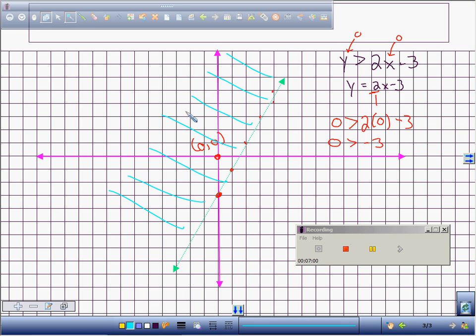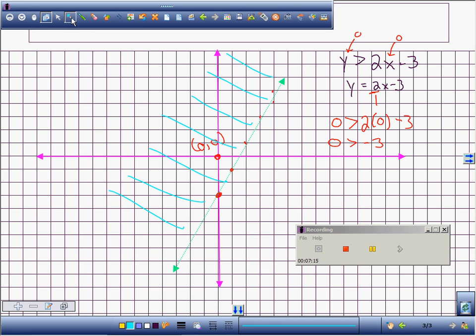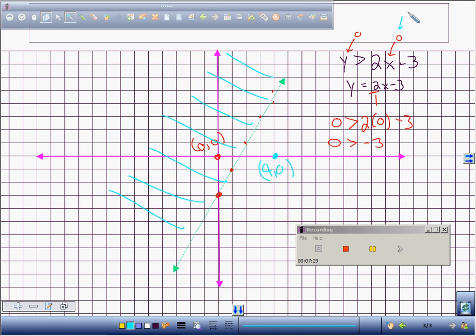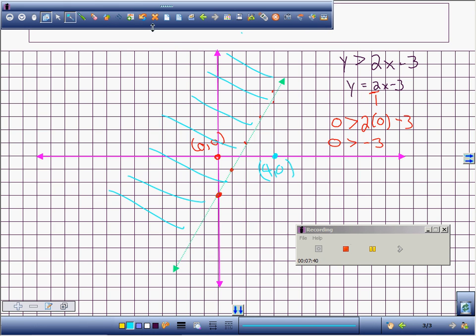Now, just to show you, if I did pick a point out here, like say the point 4, 0, and I try to plug it in, instead of plugging in 0 for x, I'm going to plug in 4.